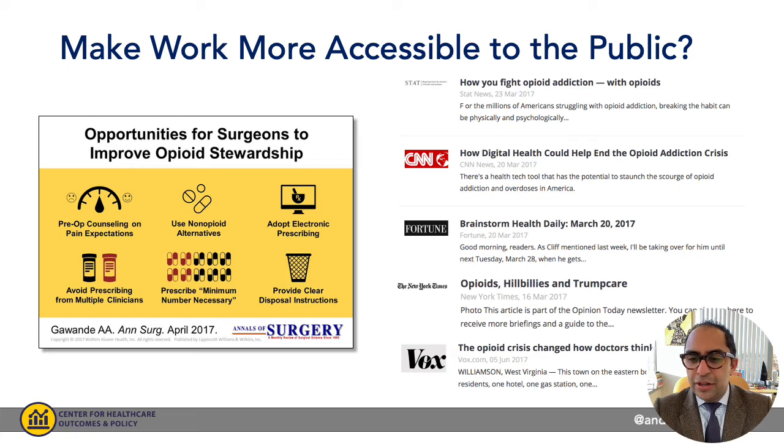We asked Atul Gawande to write an editorial for us about the role of surgeons in addressing the opioid epidemic and opioid stewardship. And in this 1,000-word beautiful essay, he made 6 recommendations about what we could do. So we made that into a visual abstract that summarized his 6 recommendations. One of the things that we noticed is after we shared the visual abstract, we saw the article get picked up in multiple news outlets.